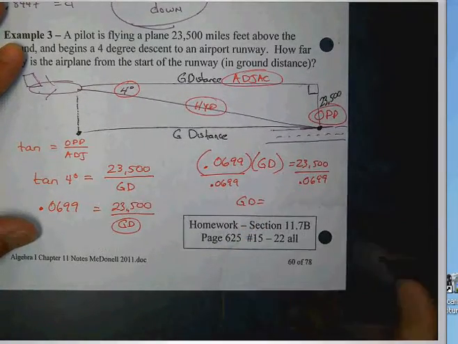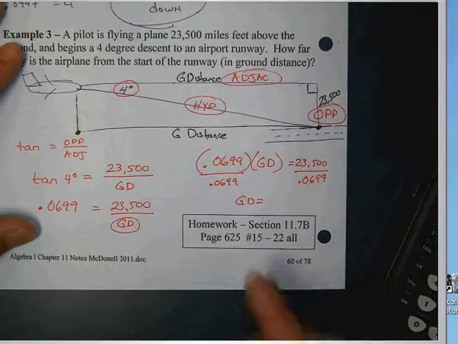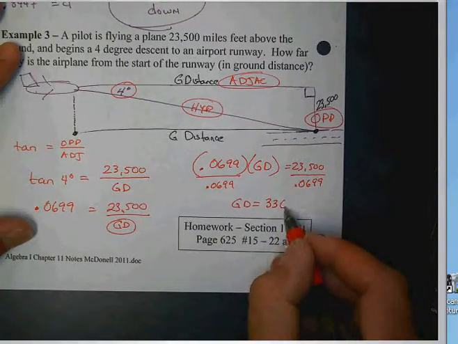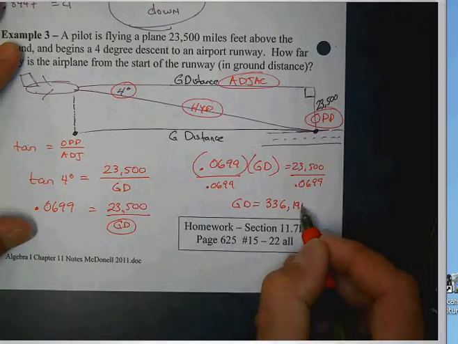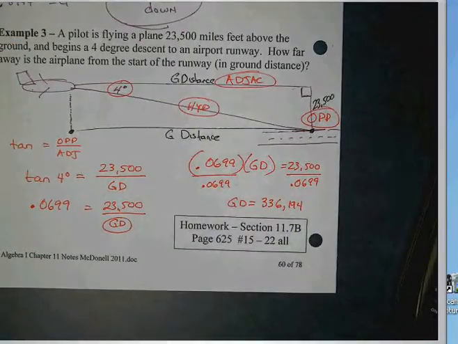I get 336,194. So the controller at the tower says, it looks like you have 336,194 to go.